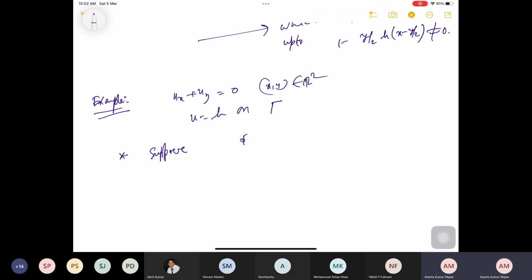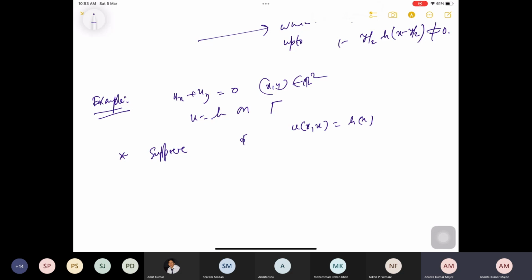I can think of the solution on gamma having the form u of x, x equal to h of x, for x in R. So in this case, what is the parametrization of gamma? That means basically this gamma is parallel to y equal to x.